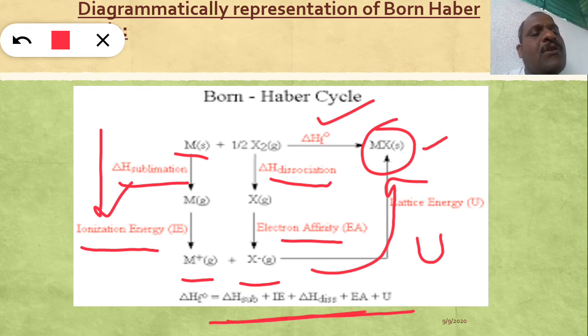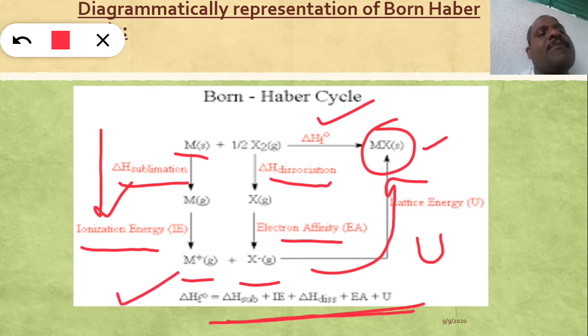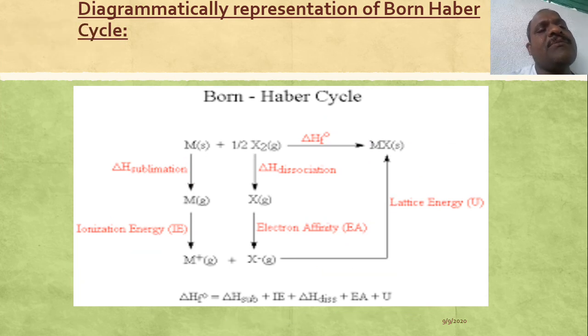When you combine all, you get the heat of formation of that particular ionic compound. So this is very easy to understand according to the Born-Haber cycle. Today the Born-Haber cycle is in vast demand for calculating the lattice energy of various types of ionic compounds. So we'll stop here about the calculation of lattice energy.